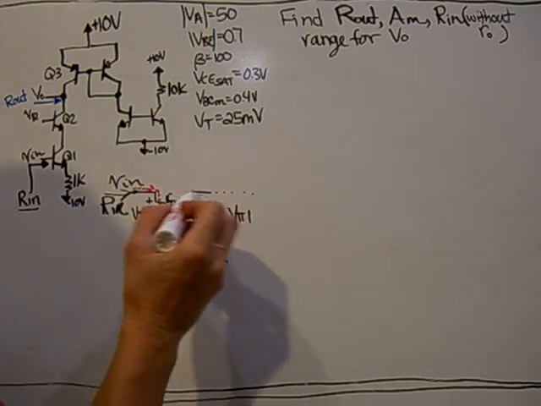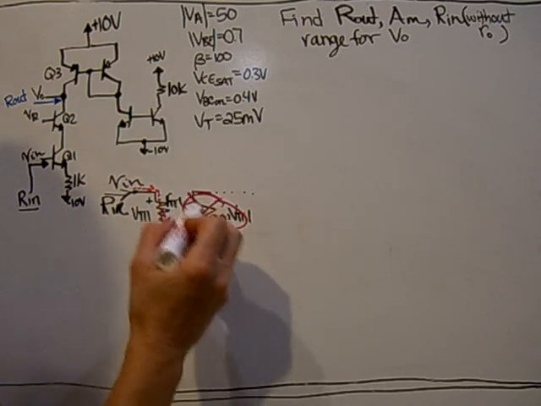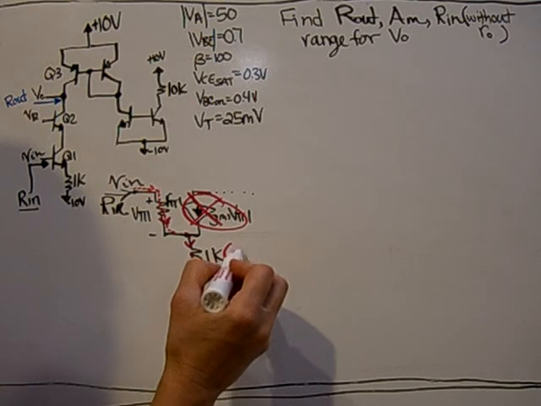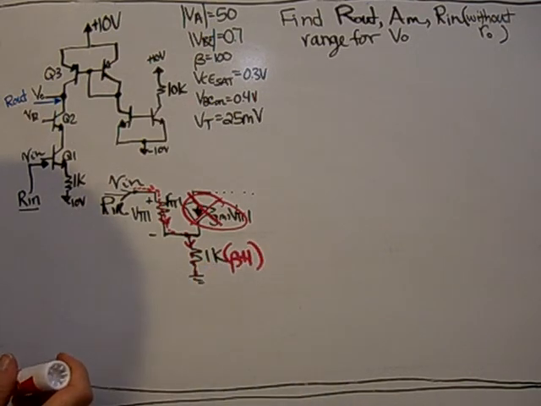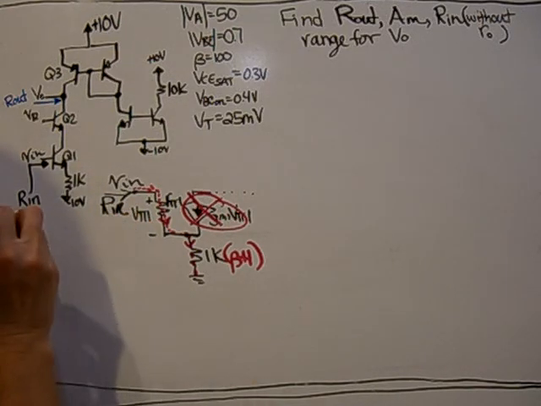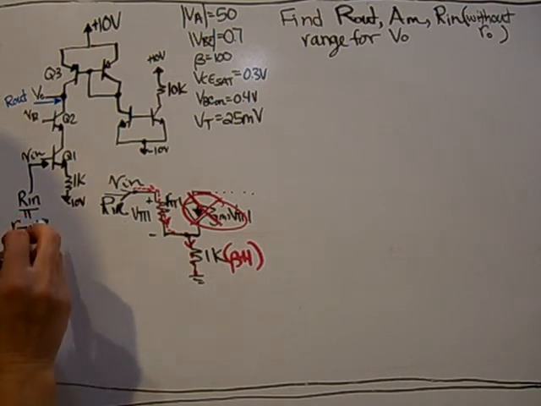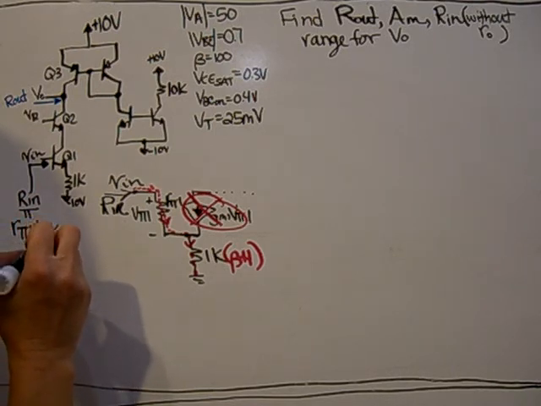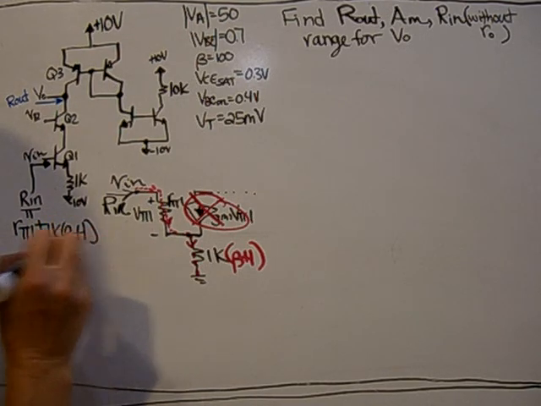So there's this dependent source. To get rid of the dependent source, you use the resistance reflection rule, so you multiply by beta plus 1 here. And your path then is R pi 1 plus 1k times beta plus 1.